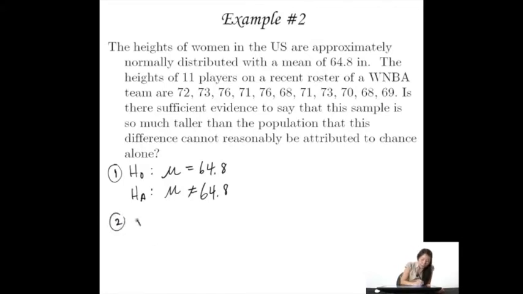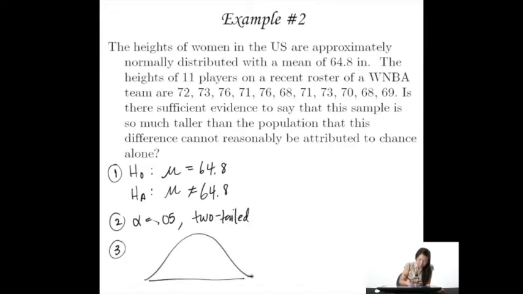So here, we'll make alpha equal to 0.05, and it'll be two-tailed. And let's draw the sampling distribution of the mean here. So here, we might draw these boundaries.